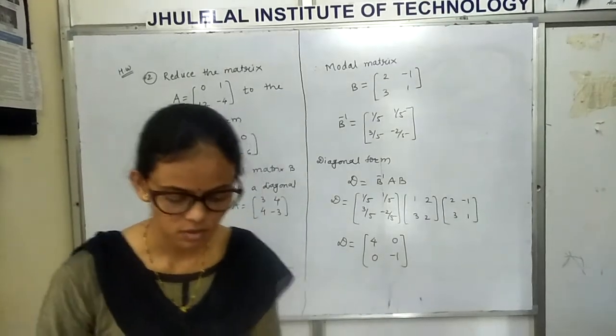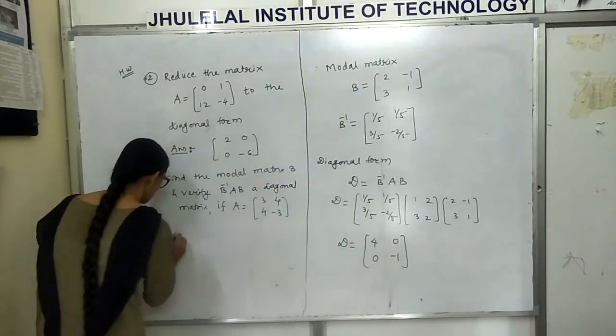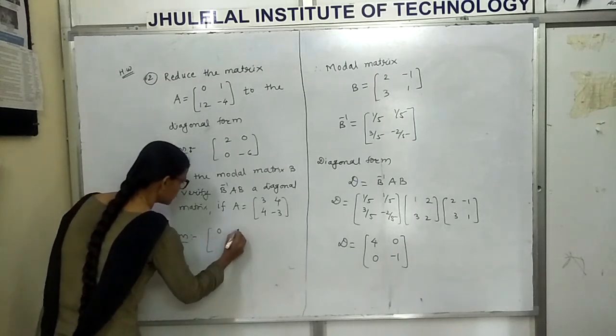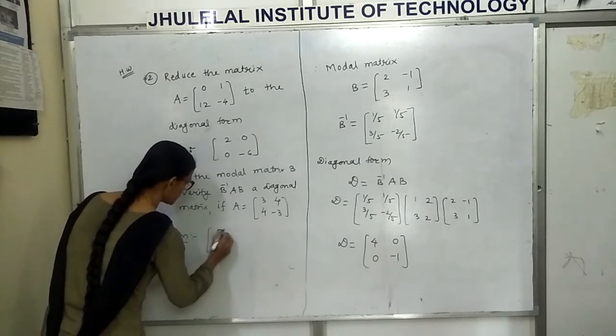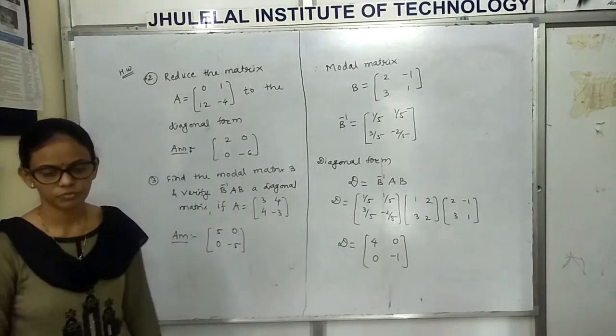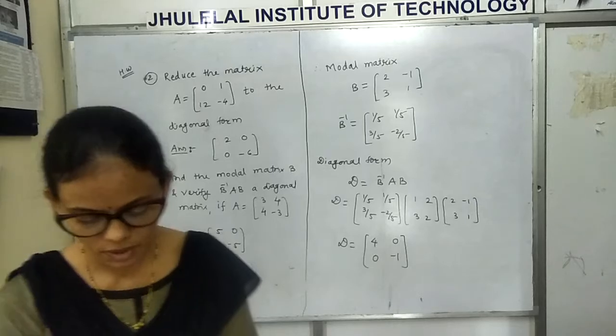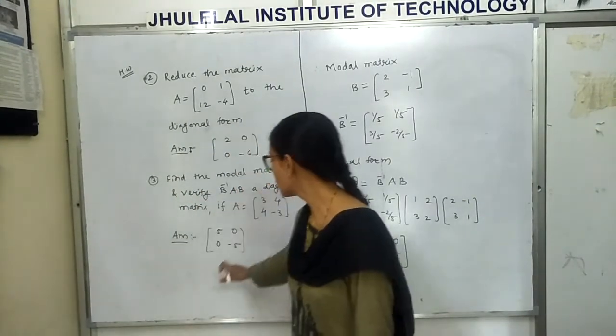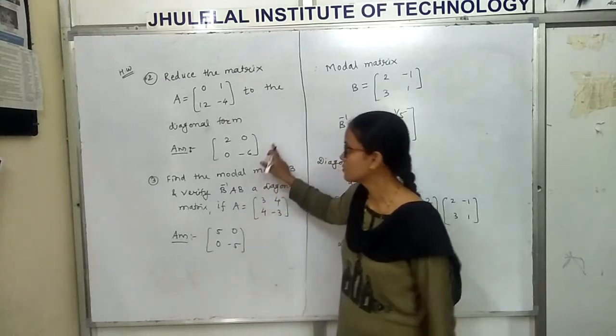Okay. I write the answer of this also here. The diagonal form of this matrix will come out to be 5, 0, 0, minus 5.